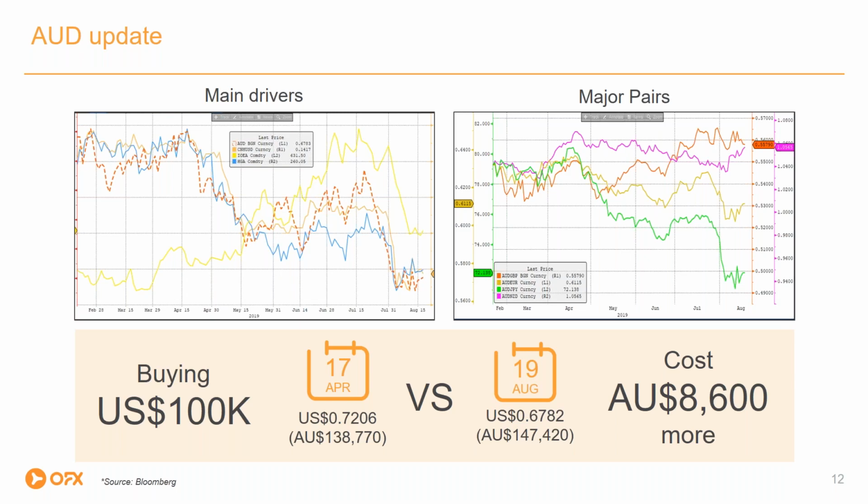On the graph, we can see different variables affecting the Aussie, which is the dotted line. But basically, you can see a strong correlation with the CNH currency and with a couple of commodities there, that's copper and iron ore. Against other currencies, the Aussie has had, I guess, a bit of a different evolution.